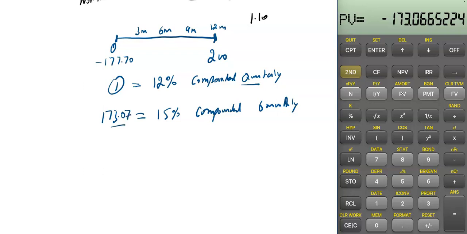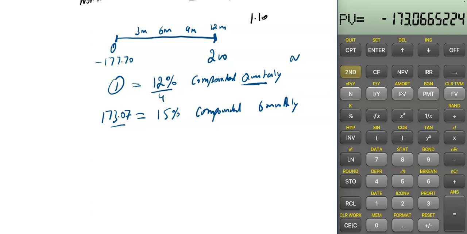173.07. So if there is a single cash flow and the annual rate is given, whether it is compounded quarterly, monthly, or annually, you can easily calculate the present value. But you only have to remember, if it is compounded quarterly, calculate the N carefully. Like here, you are receiving the cash flow at the end of the fourth quarter, at the end of 12 months. So N will be 4 and this will be 12% divided by 4.